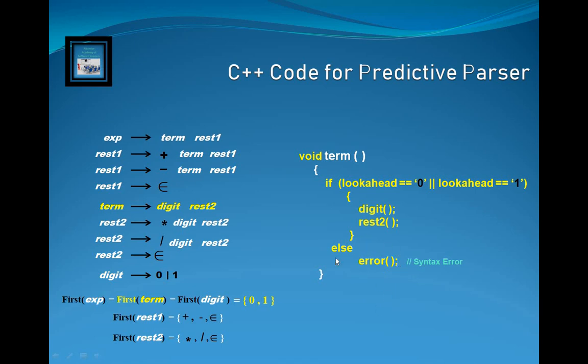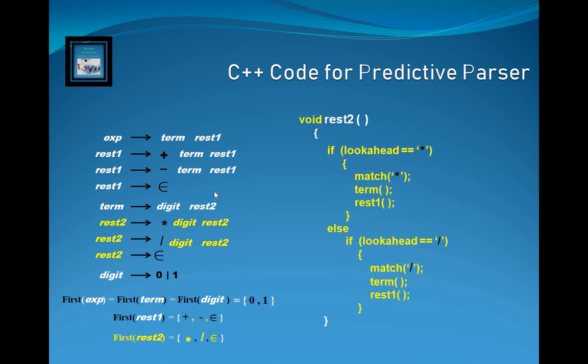There must be some error function within this code of the predictive parser, so that we can call that function wherever we think it's appropriate to report a syntax error.